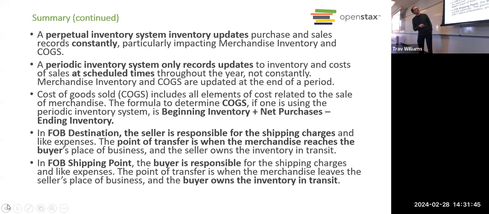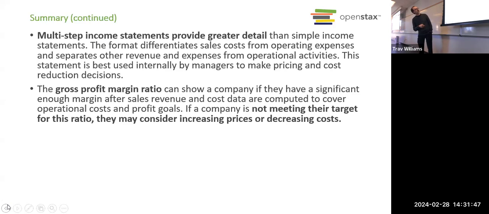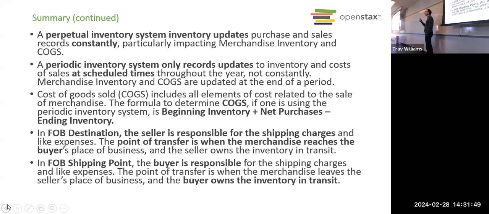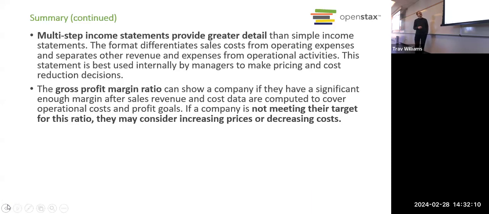I don't see the net purchases formula here, but again, that was your gross purchases minus purchase discounts, returns, and allowances. We also learned about FOB destination versus FOB shipping point. FOB destination, who's responsible for the shipping costs in that case? The seller. And FOB shipping point, the buyer is responsible for the shipping costs, okay?